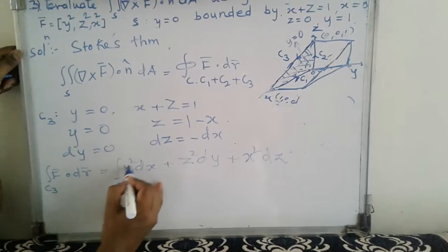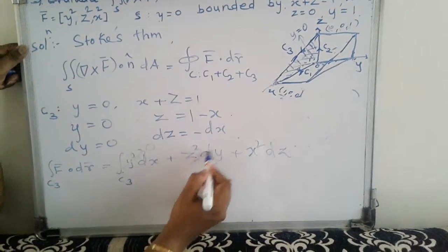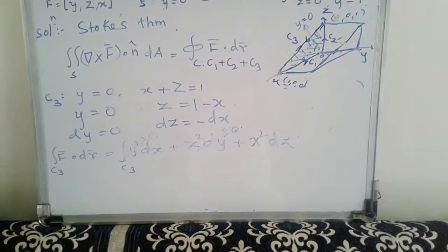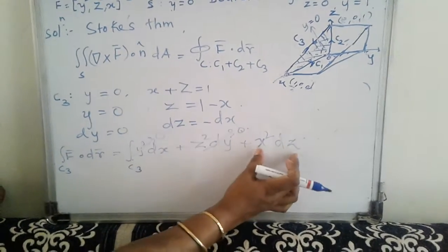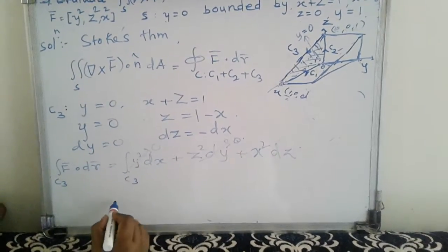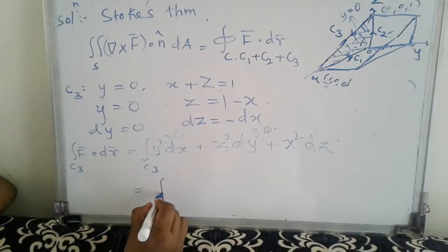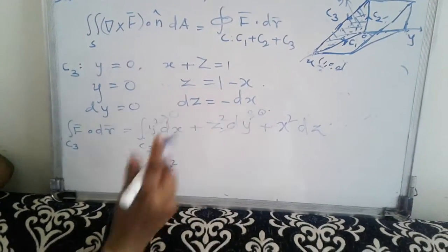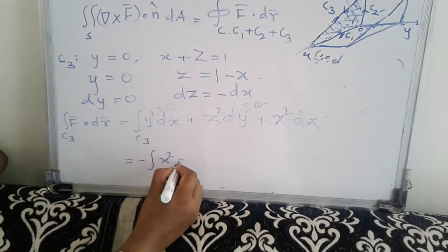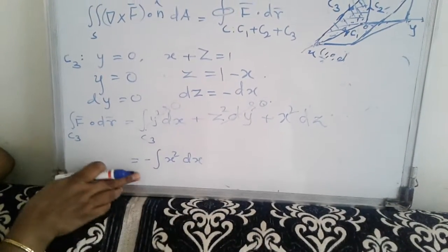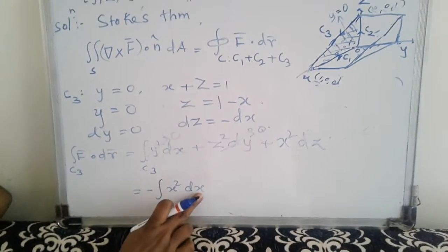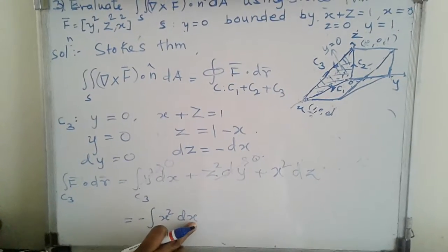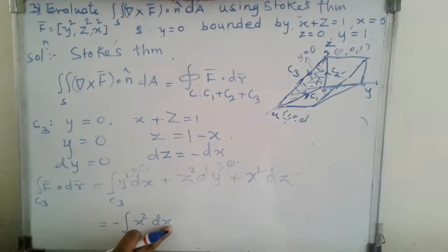Where y is 0, this term tends to 0, dy is 0, so this term also tends to 0, but this is a non-zero term. So let's see that part. It is x square as such, and the dz substitution is minus dx. So we observe that this is a line integral along the path C3 with respect to x.